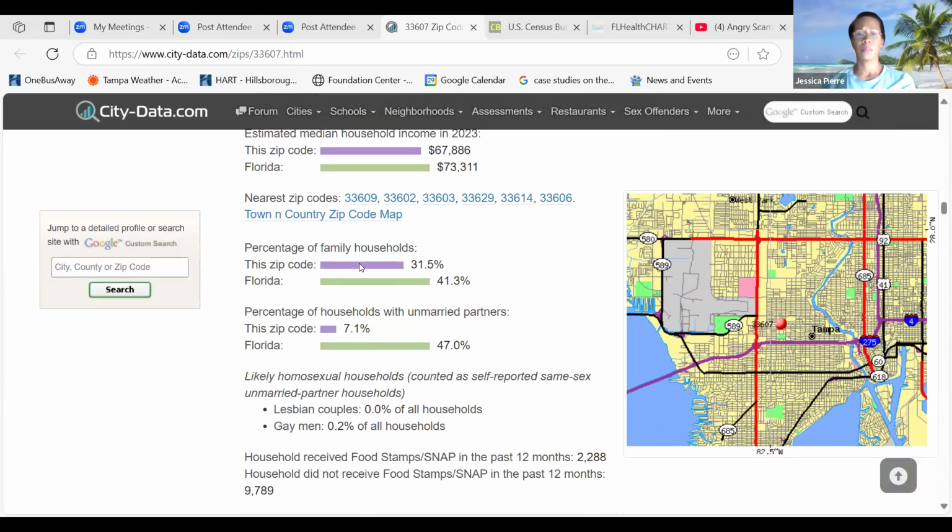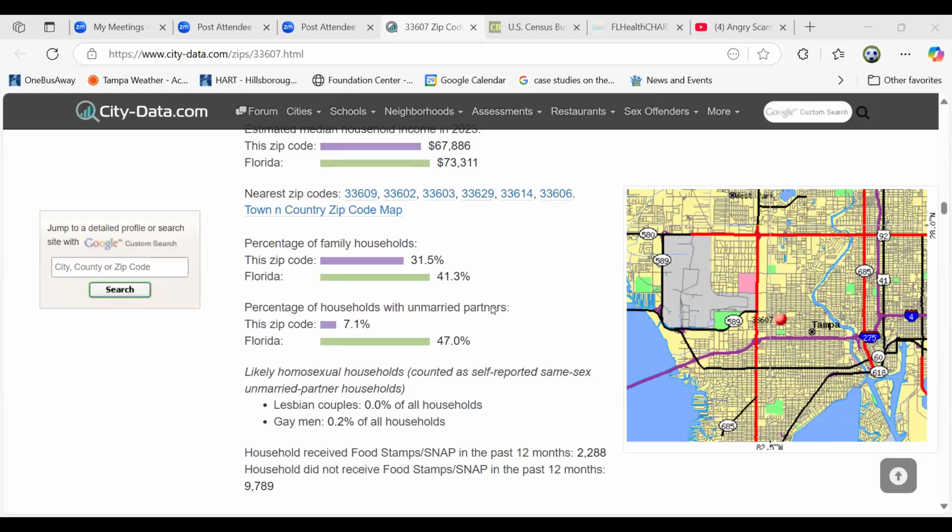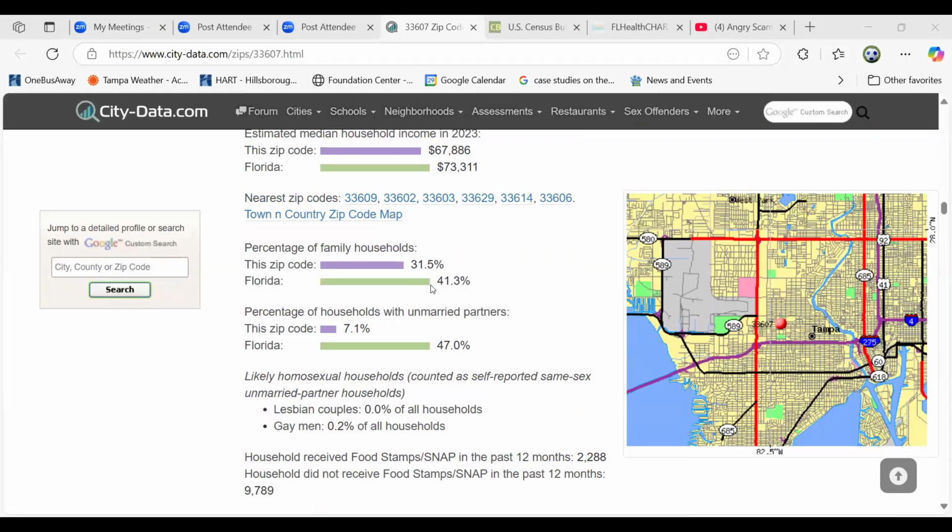Okay. Percent of family household. What is that? Percent of family household in the zip code, 31% compared to Florida. If I'm writing a grant, I'm going to highlight that in this zip code, when we compare household to the state of Florida, we're almost 10 points down.